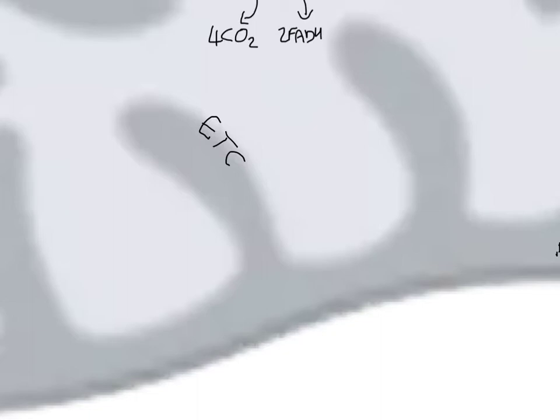And it's very simple. What we get coming into this, we have our 2 FADH, and coming out our 2 FADH have led to the production of 4 ATP, 2 for each FADH molecule. But also coming in, we have 10 NADH.